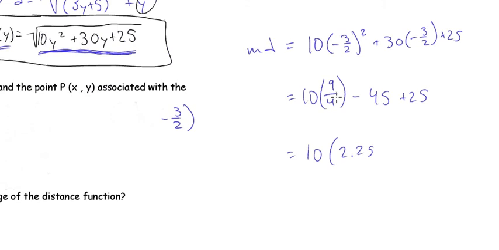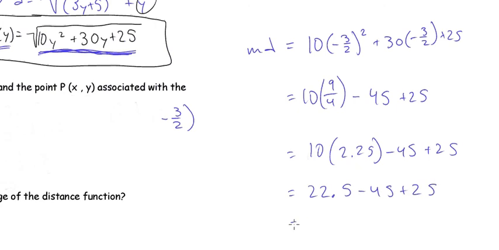Let's see, 4 goes into 9 twice, with a remainder of 1/4. Multiply that by 10, and we get 22.5. Minus 45 plus 25. And when we add that all up, our minimum distance is, what is that?